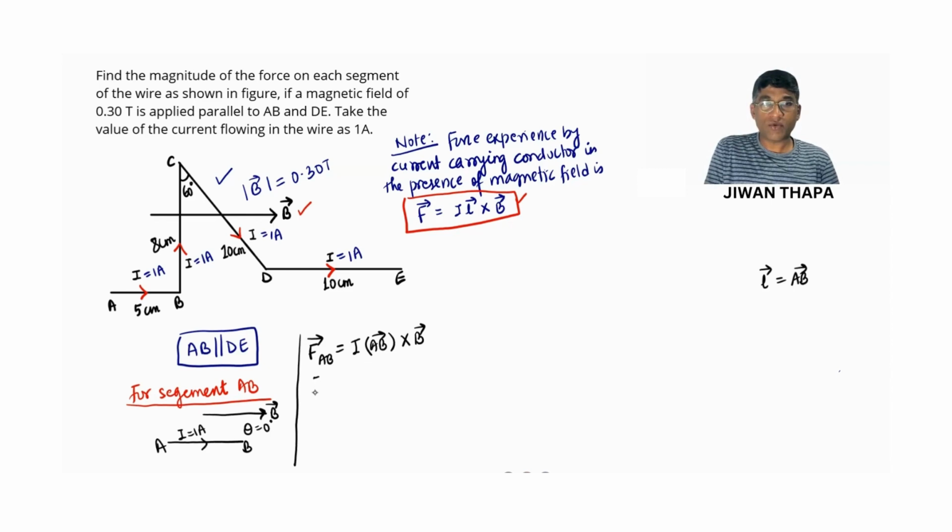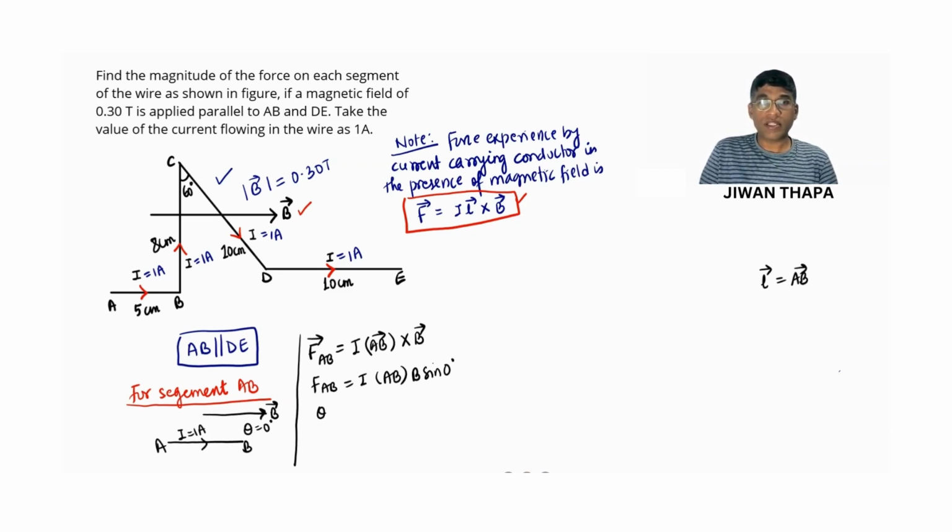So I can write in this way, F_AB equals I times AB in magnitude, that is the length of segment AB, and we have magnetic field B and sine 0 degree, because angle theta equals 0 degree in this case.